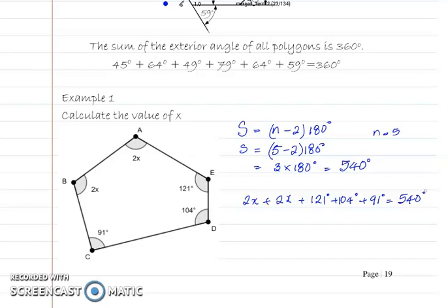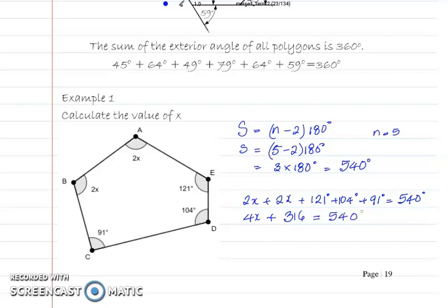All right, so the sum of the interior angles must add up to 540. 2x plus 2x is 4x plus, so let's add 121 plus 104 plus 91, and we get 316. And this is equal to 540.